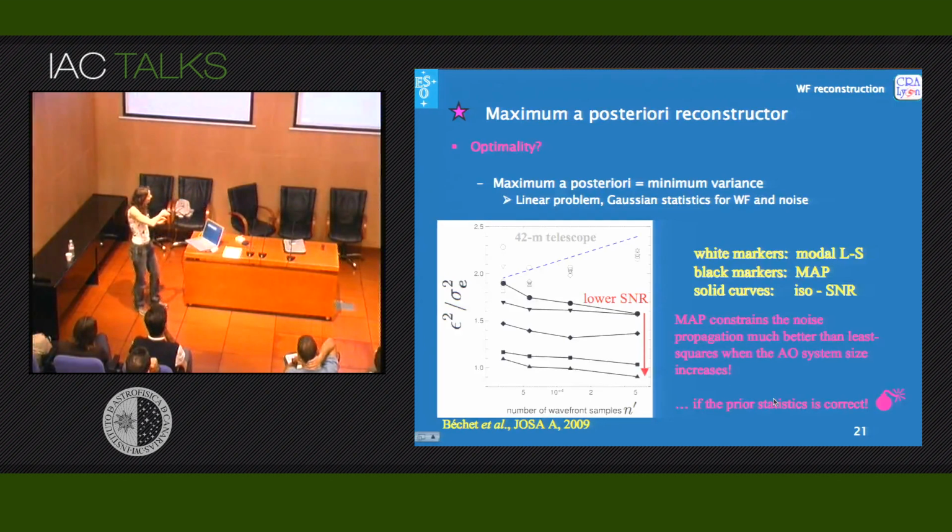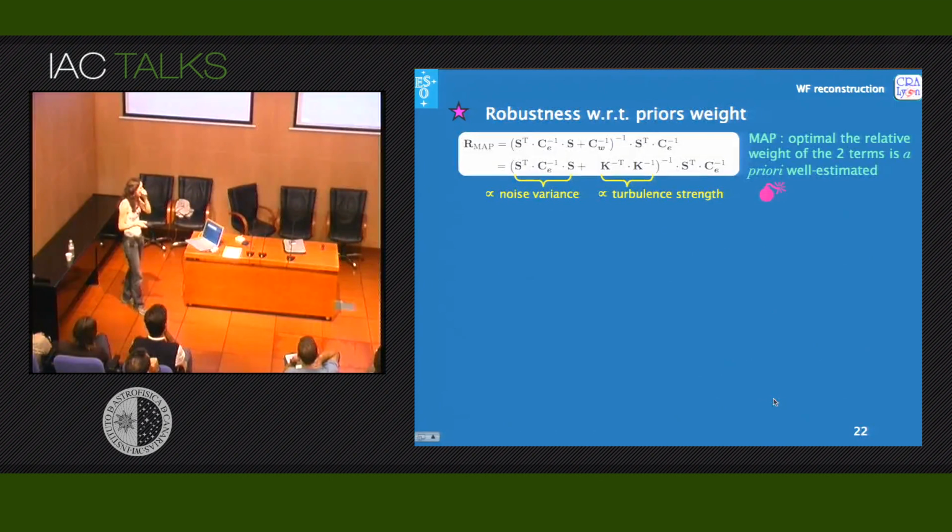So maybe you have put too much of a regularization or too much of data noise variance priors. And you can estimate it with this hyperparameter, mu, and it gives a curve like this for the error you make in your reconstruction.